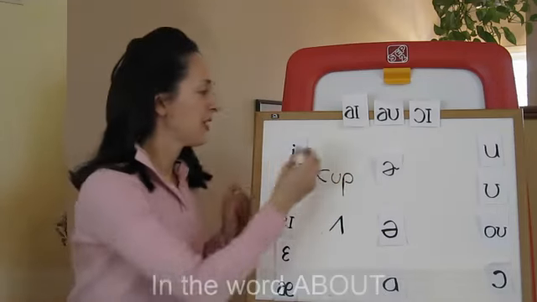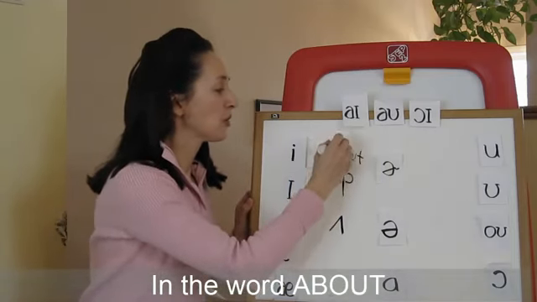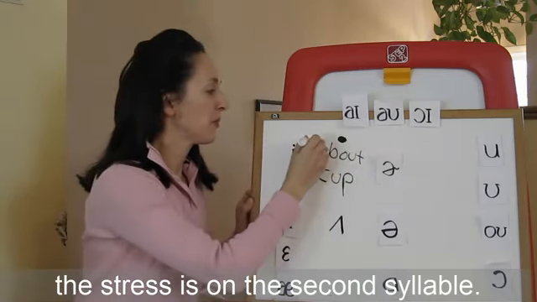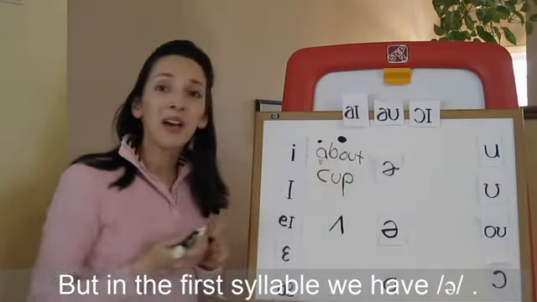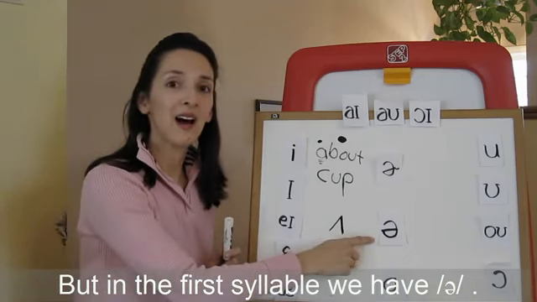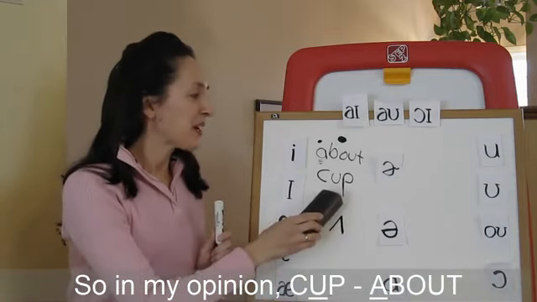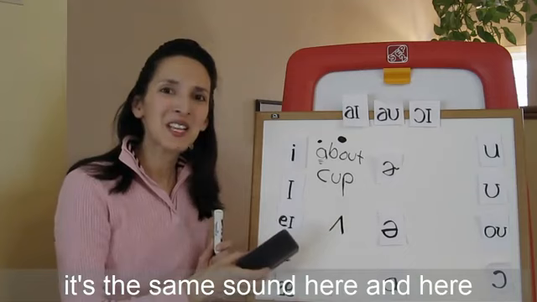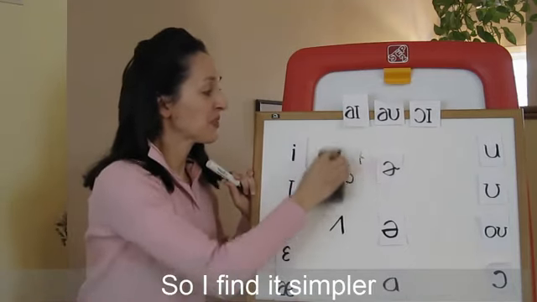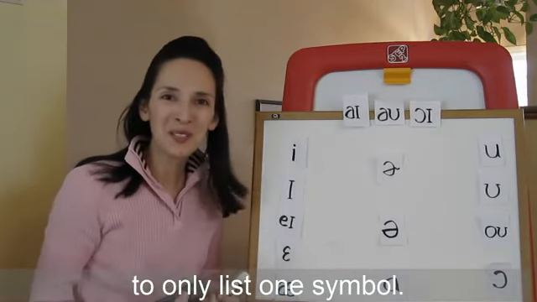In the word about, the stress is on the 2nd syllable. But in the first syllable, we have the unstressed sound. So in my opinion, cup, about, it's the same sound here and here. So I find it simpler to only list one symbol.